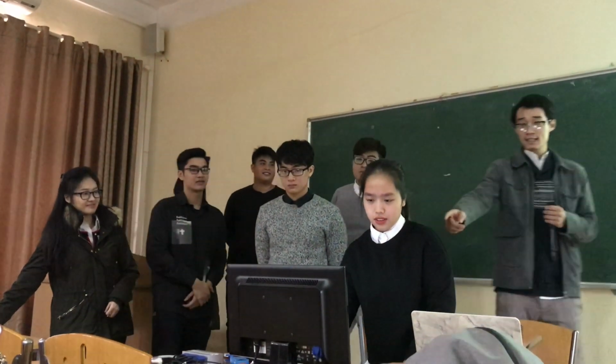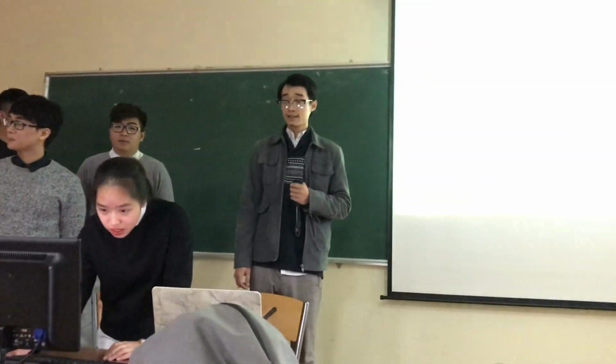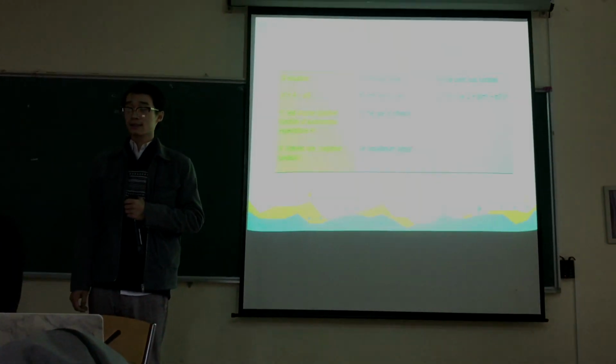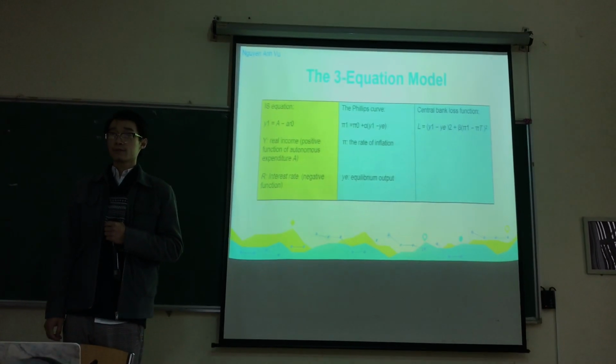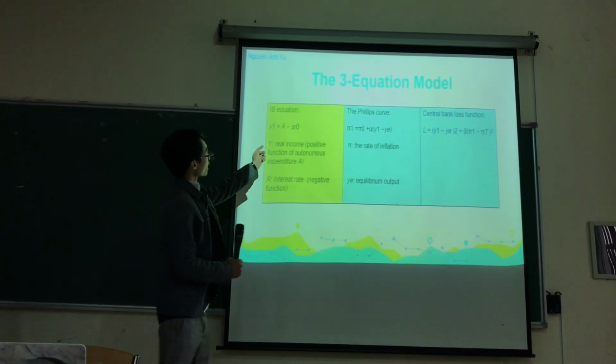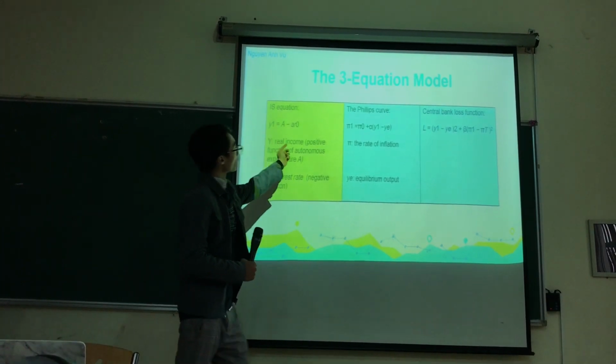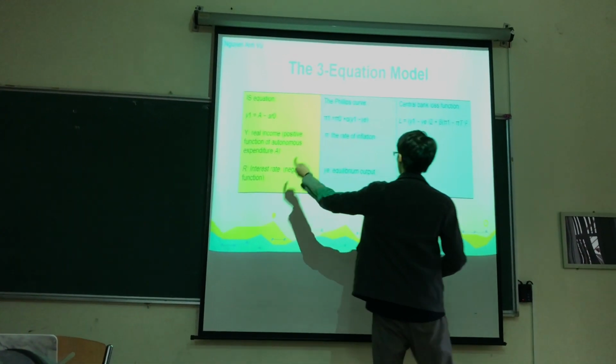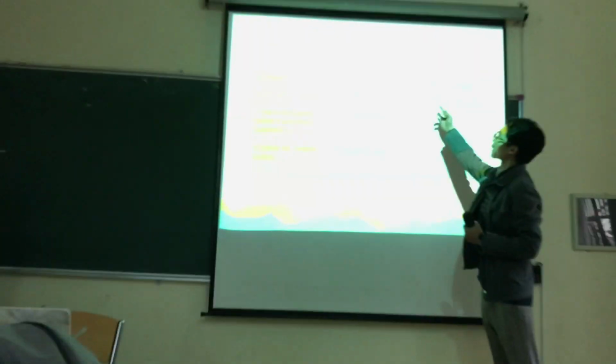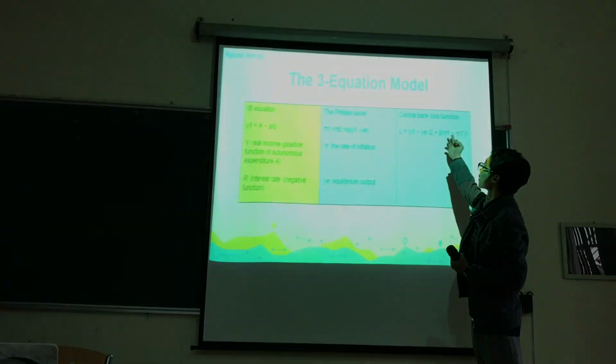Can you show my slide? As you can see, there's the IS equation and the Phillips curve, and the combination of the two gives the central bank loss function.